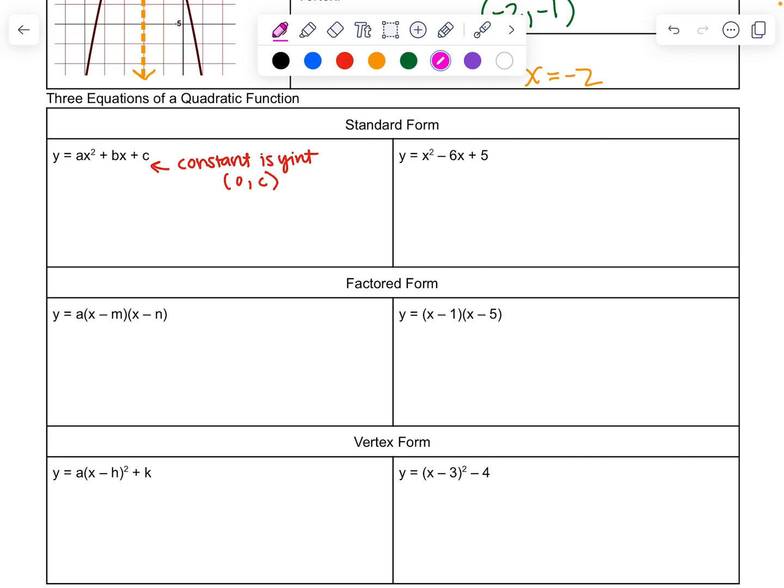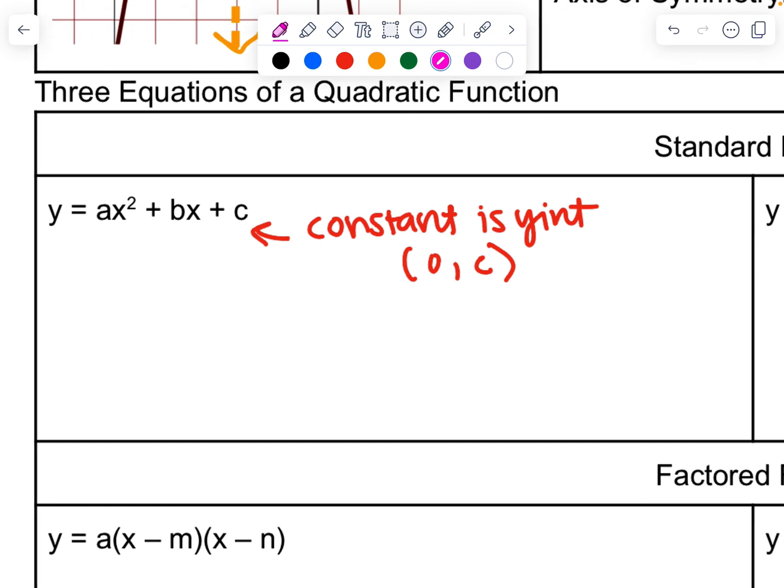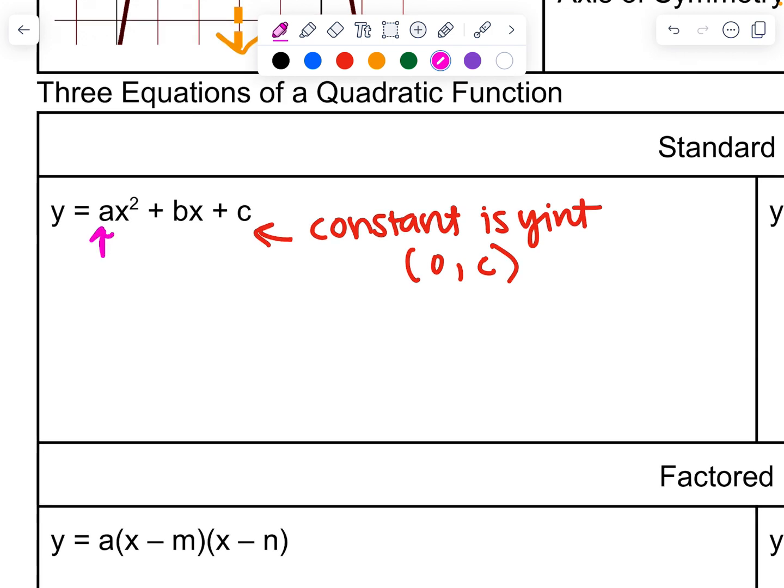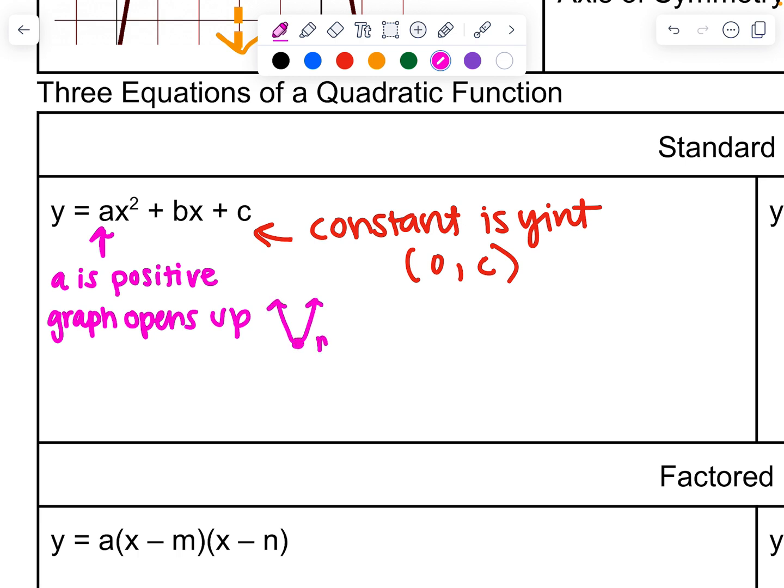The next thing that we want to focus on is this a value. And a can tell us something about our equation. If a is a positive number, then we know that the graph or the parabola opens up. It's going to look a little something like this. If that parabola opens up, we know that it has a minimum.